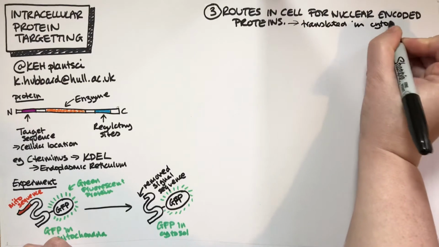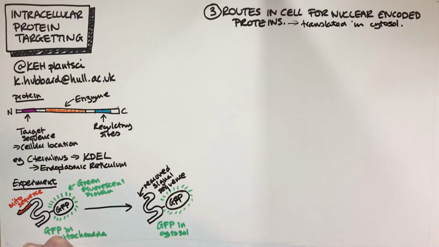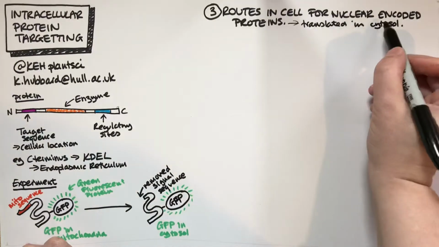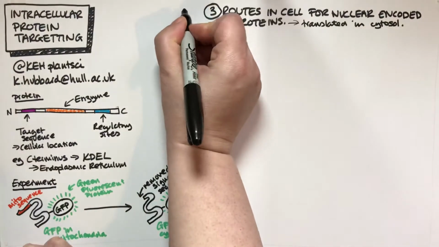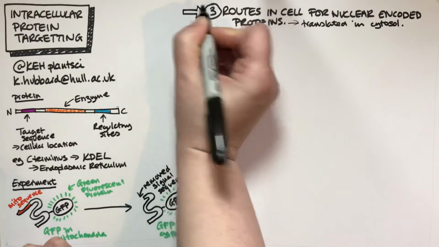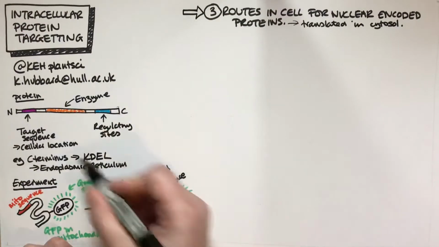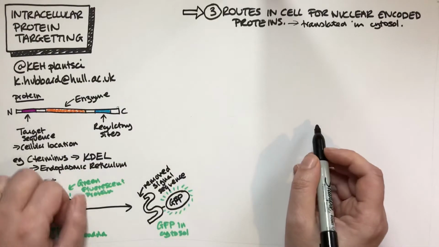So if you remember in gene expression, the mRNA gets chucked out of the nucleus and goes into the cytosol. So by default, our nuclear encoded proteins are going to be made in the cytosol, but there are 3 main locations that they might need to go to, each of which would need its own postcode or targeting sequence.